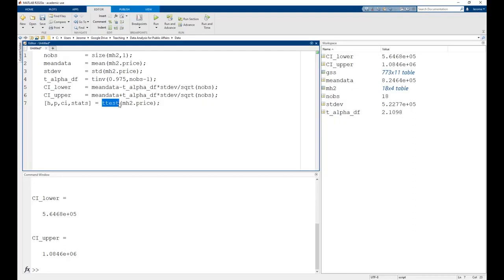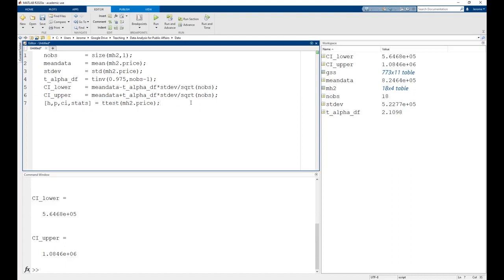To access some of the output that is not displayed, you have to indicate the output that you're interested in in square brackets. Here, the command ttest can calculate 4 outputs, and we will look at those outputs later on. But the output of interest in this case is the CI, or confidence interval.